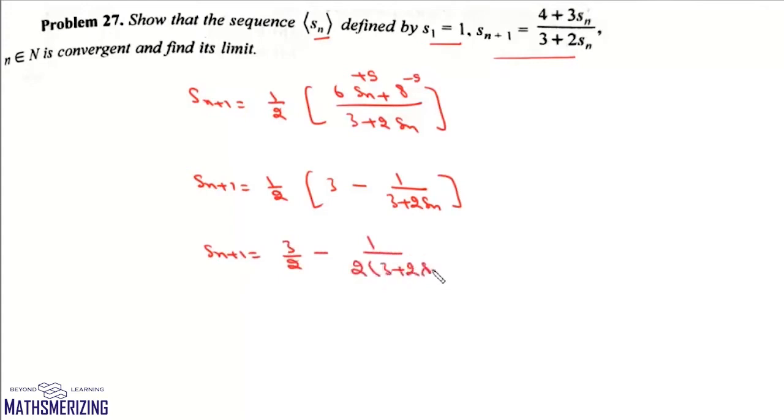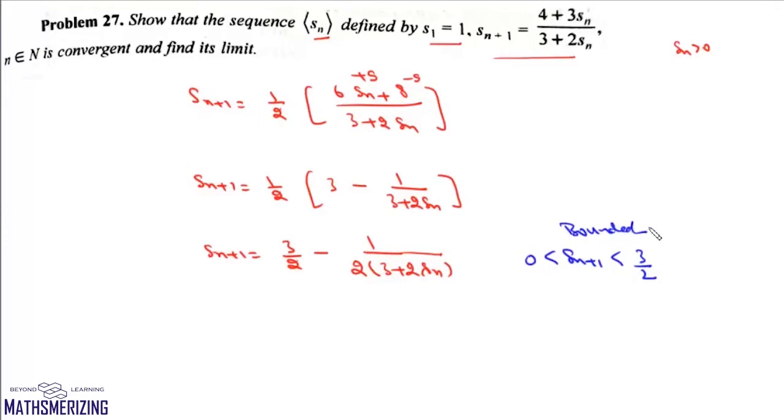Now any term in the sequence is greater than 0. So we can write Sn plus 1 will be greater than 0 and will be less than 3 by 2. So this sequence is a bounded sequence.